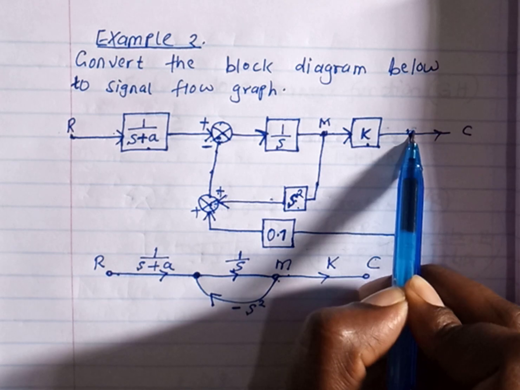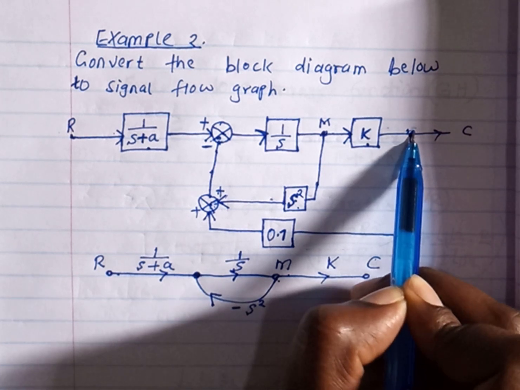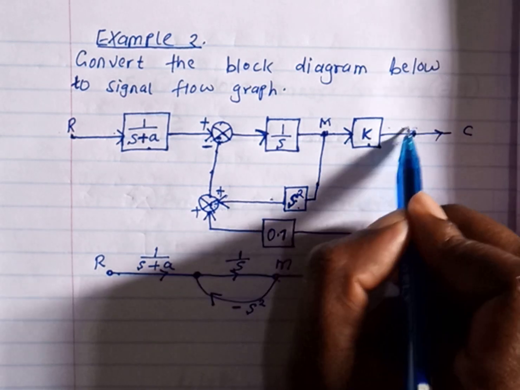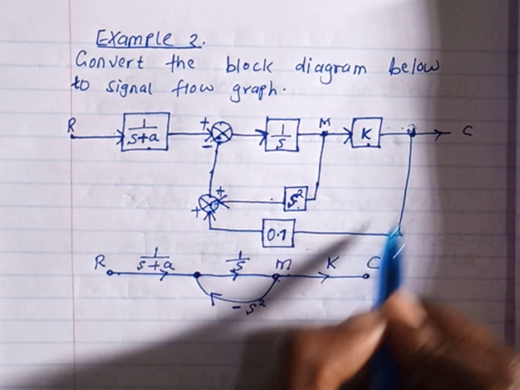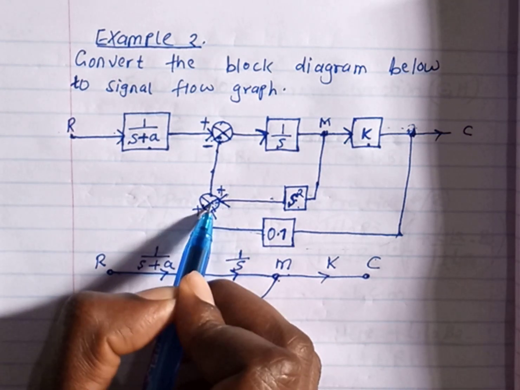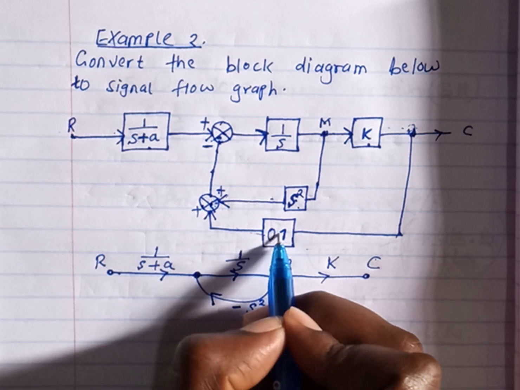That's why for a signal flow graph, there is no need to have too many nodes. We just indicate the output here. From where I have my output to where I have this summing point, I have 0.1.